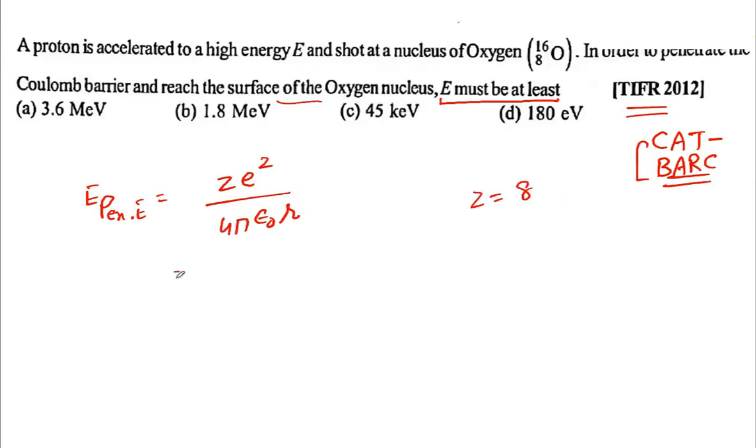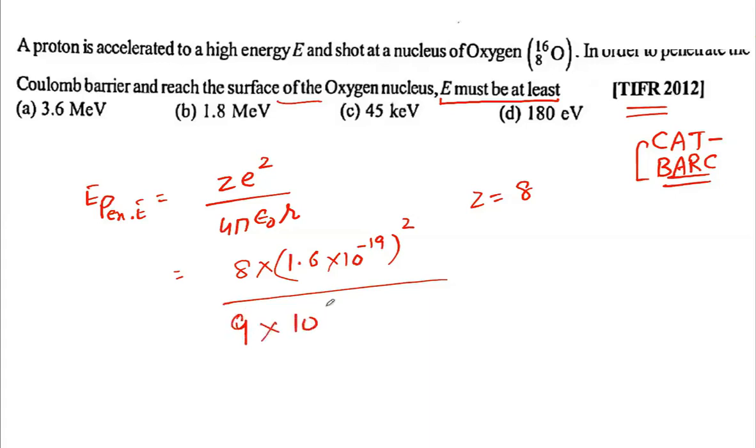So putting these values, e is 1.6 into 10 to the power minus 19, squared, over 4 pi epsilon naught. You can directly put its value, which is of the order of 9 into 10 to the power 9, into R.